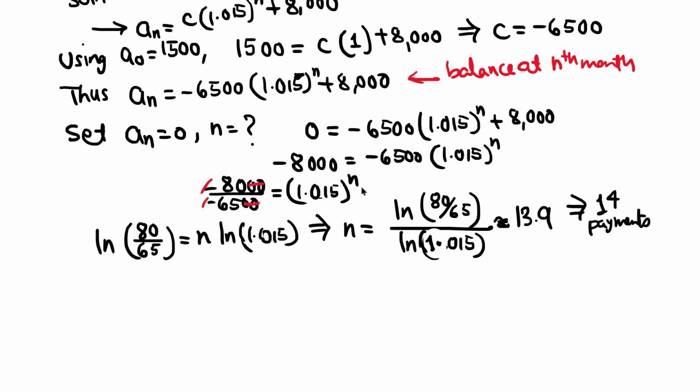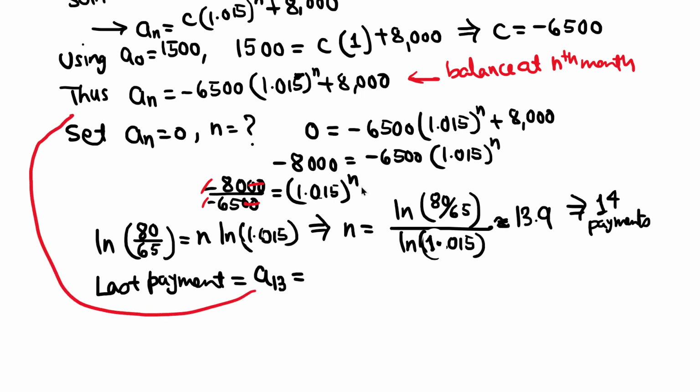Okay, and the last payment amount will be, we want to find the balance after 13th payment. So A13. Okay, we have to go back, and here is the solution. Plug in 13. Okay, that's the balance left after 13th payment.